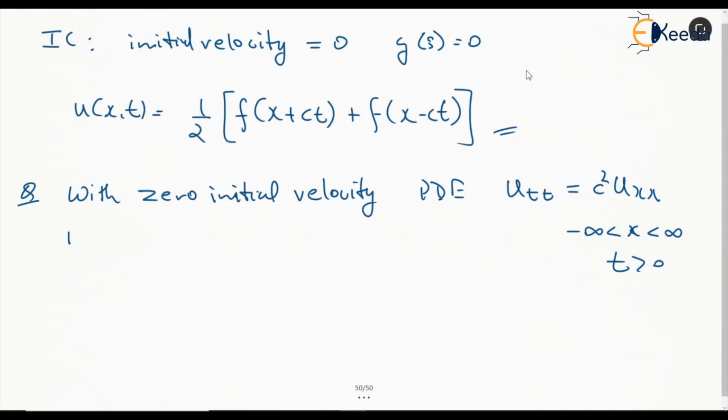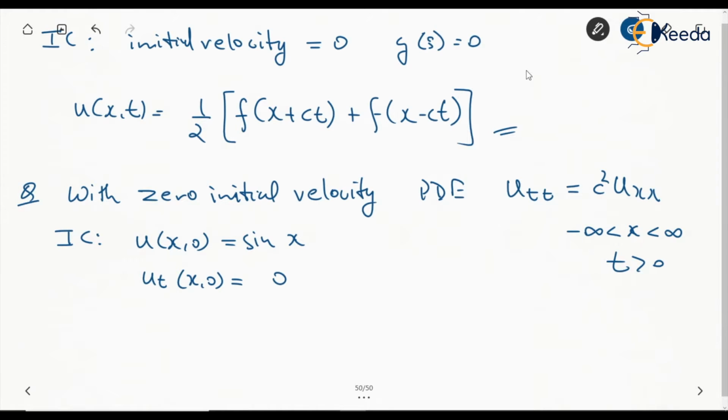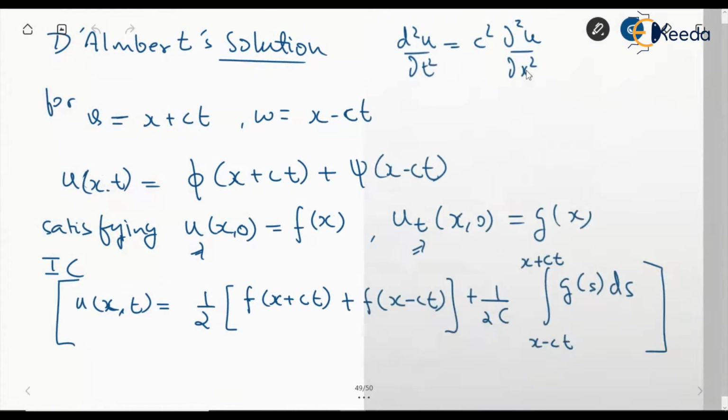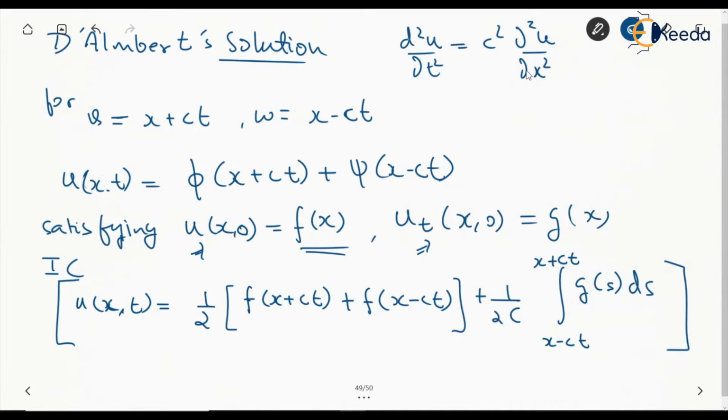So the initial condition is given as u(x,0) as sin x and u_t(x,0) as 0. So if you see, this is the initial displacement f of x, this is the initial velocity g of x.